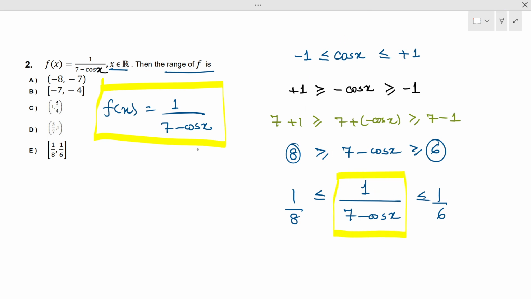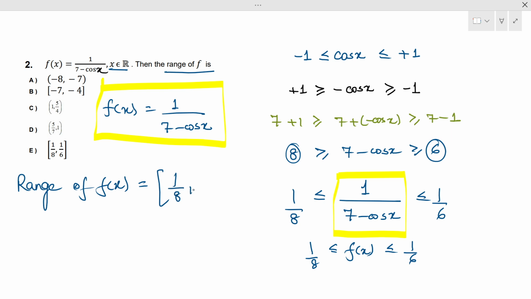So f(x) lies between 1 by 8 and 1 by 6. That means what is the range of f(x)? So the range of f(x) is equal to [1/8, 1/6]. So my option number E is correct.